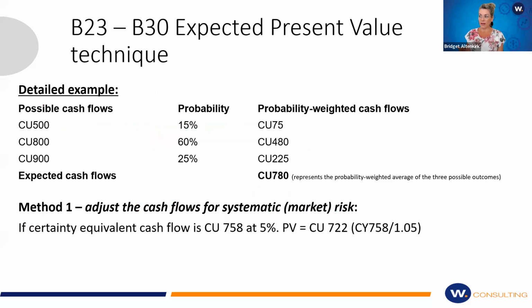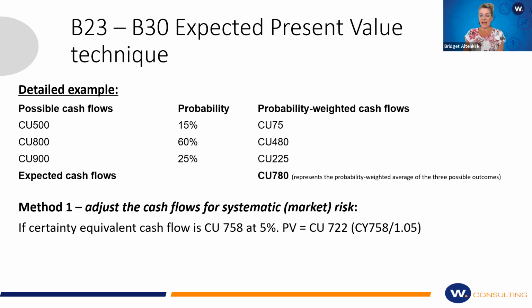I'm going to go through an example now to explain both again. So when you're doing an expected present value measurement technique, you need to determine the weighted average probability of the cash flows. This requires an entity to estimate what cash flows you think, for example, you're going to be entitled to if you were to sell that asset.